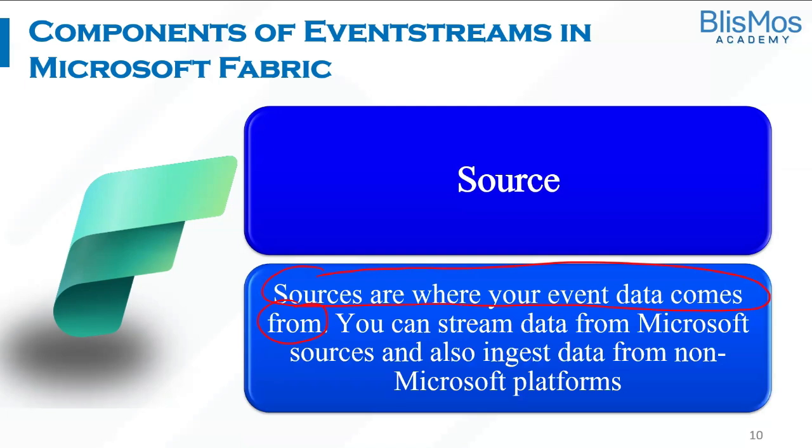You can stream the data from Microsoft sources and also ingest the data from non-Microsoft platforms. You are talking about the continuous flow of data from different sources, and as and when the data is flowing, you have to apply the transformations and send it to the set destination. That is what is happening here.